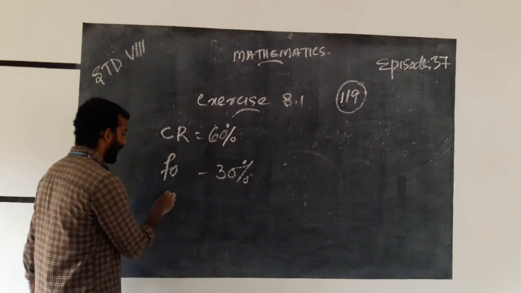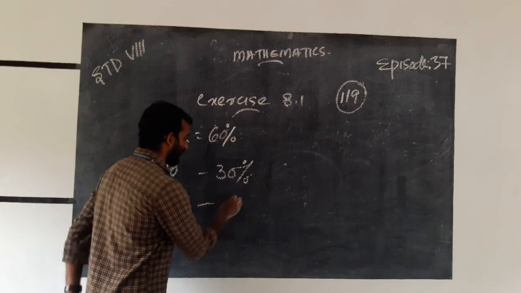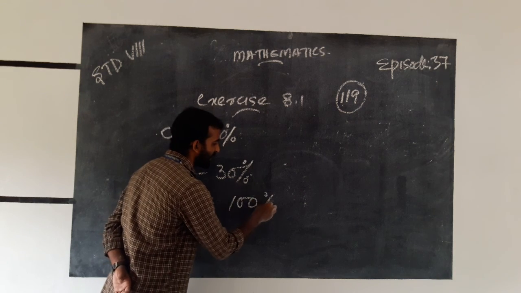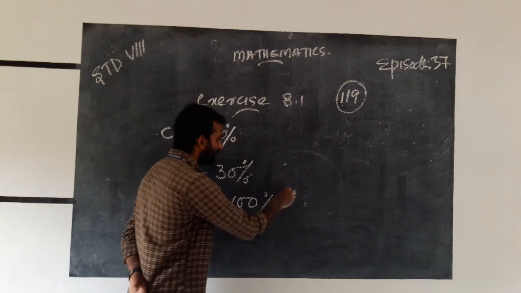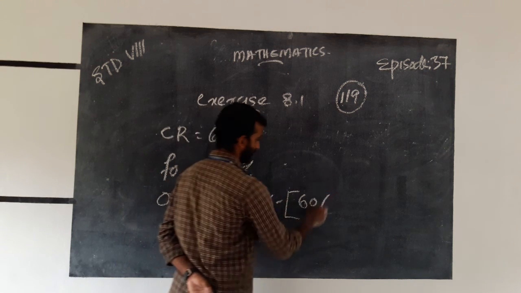We want to find the other games. The total is 100%. So 100% minus the sum of these 2.